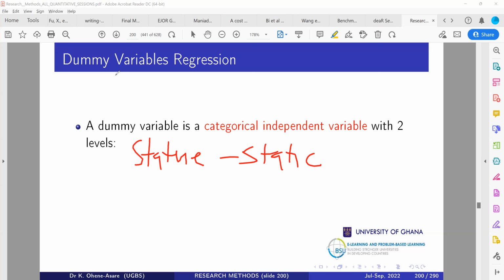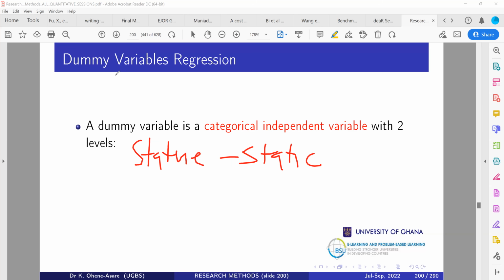So a dummy variable has certain things under it called levels. The levels are the ingredients of the dummy.